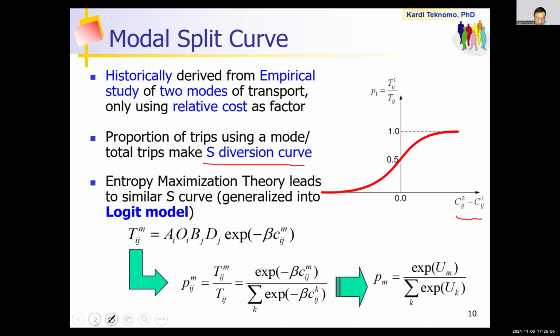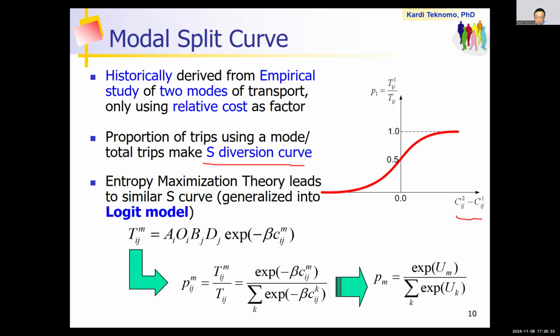In this case it is the binary Logit model. The model is like this. The probability, the trips of the mode divided by the total trips from one origin I to destination J, is the exponent of utility, this beta CM, divided by the exponent of utilities for all modes.